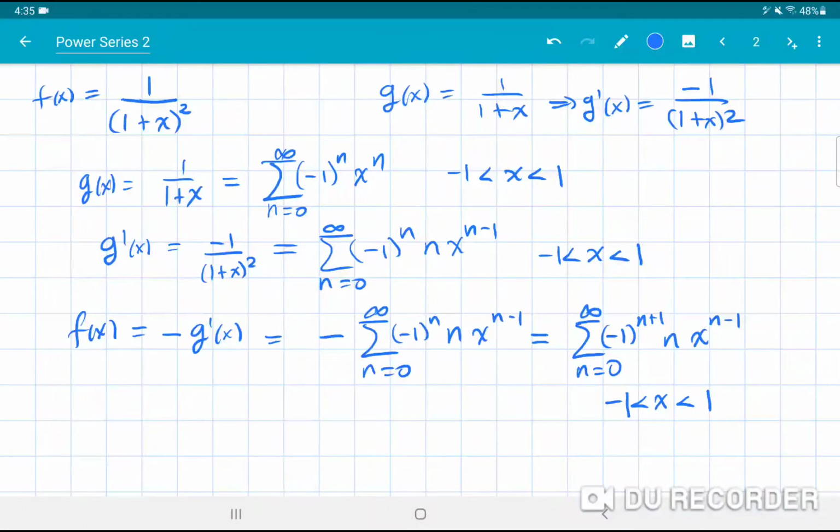So the power series for 1 over 1 plus x quantity squared is, just for cleanliness, I'm going to put n minus 1 on both of these, because -1 to n minus 1 is the same thing as -1 to the power of n plus 1.